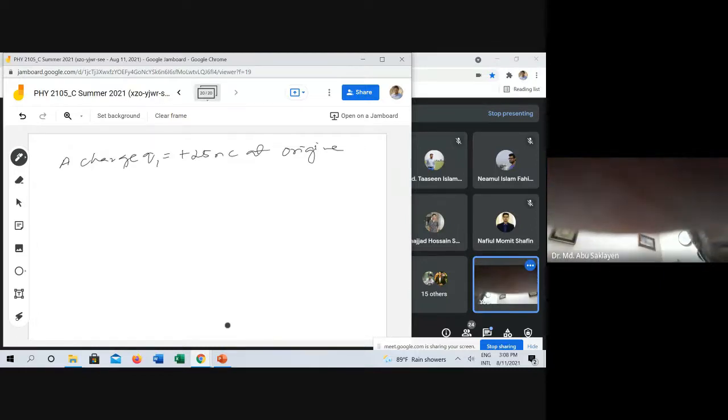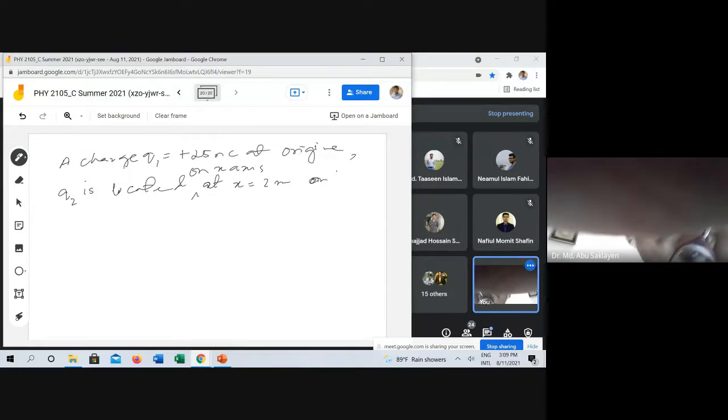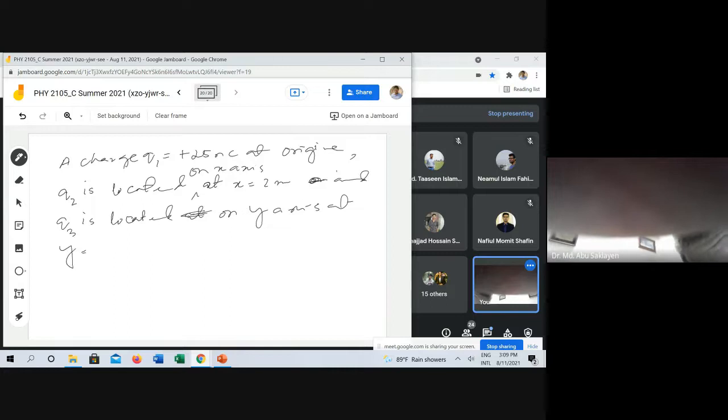Q2 is located at x equal to 2 meter, located on x-axis, x equal to 2 meter, and Q3 is located on y-axis at y equal to 3 meter. Draw the charge arrangement. First question.